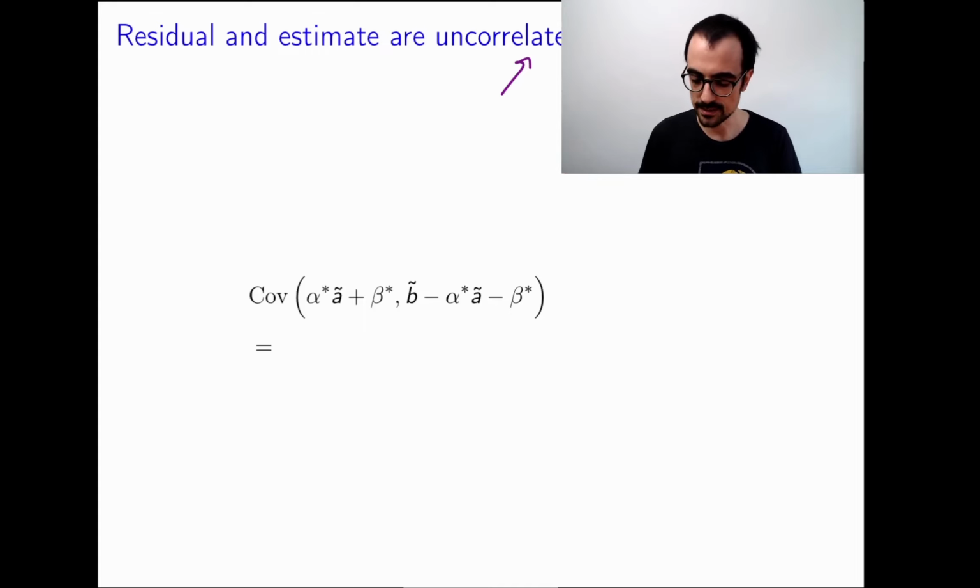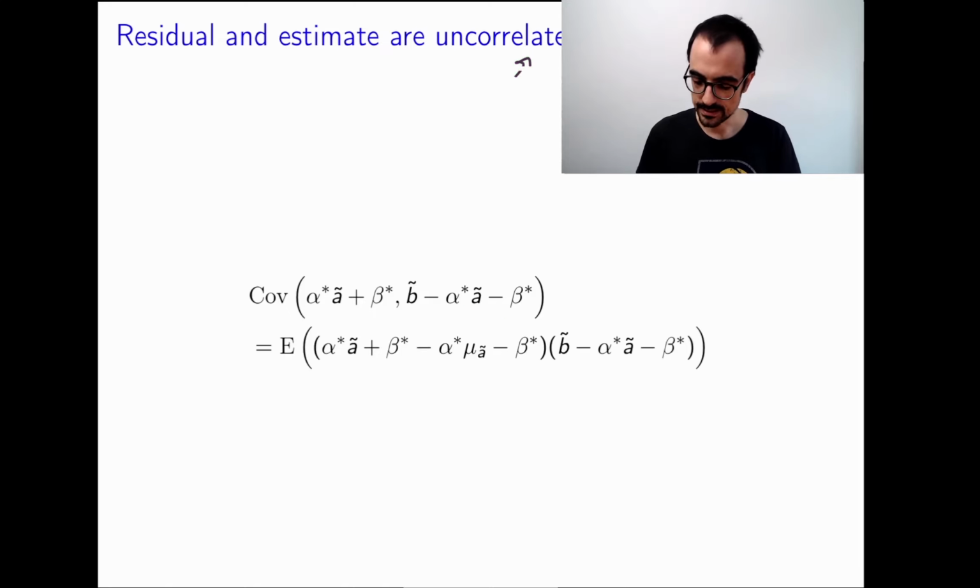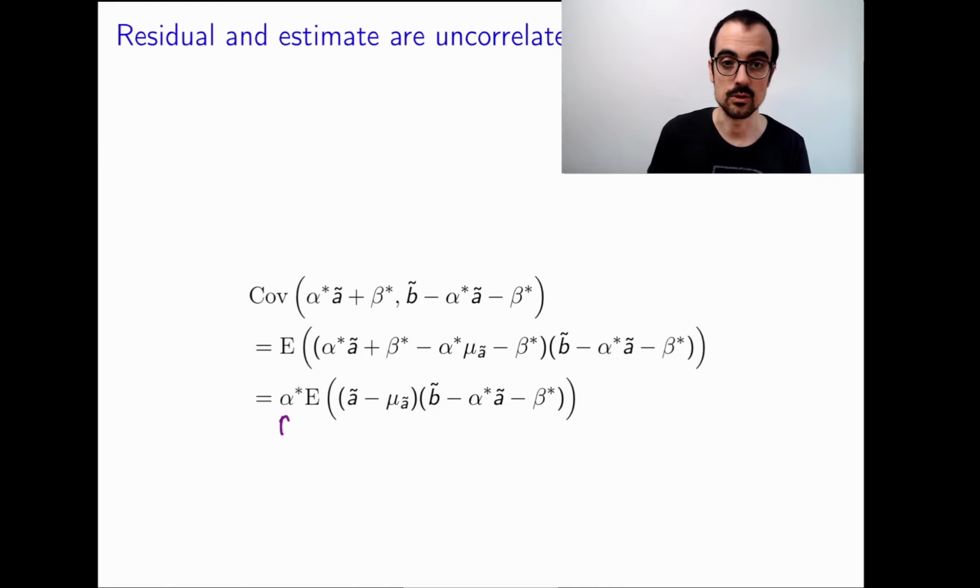Anyways, the covariance between the best linear estimate and the residual is equal to the expected value of the linear estimate minus its mean, times the residual. Okay, so this is just by linearity of expectation. When you apply linearity of expectation to this, this is just a constant, this is just a constant. So we have that this term and this term are going to cancel out, and we can bring out the coefficient.